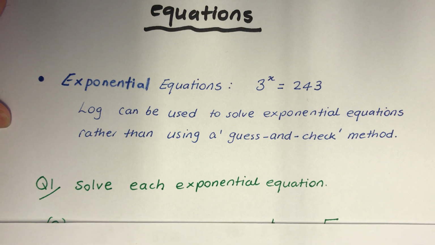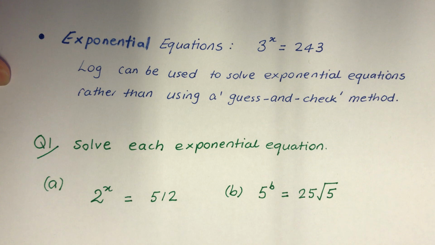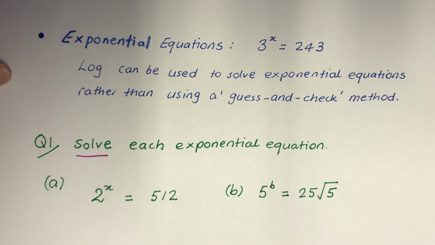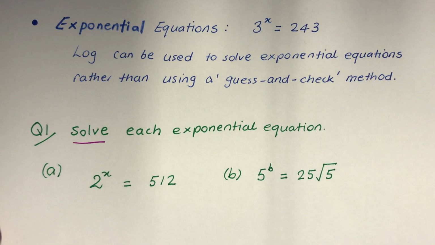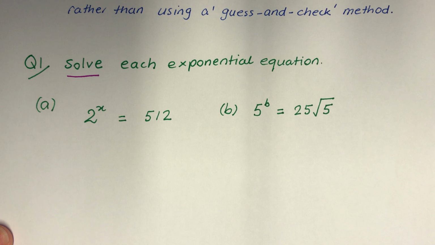Solve each exponential equation. When the verb says solve here, we need to think about what we are looking for. What are we solving? x. The first one, 2 to the power of x equals 512.